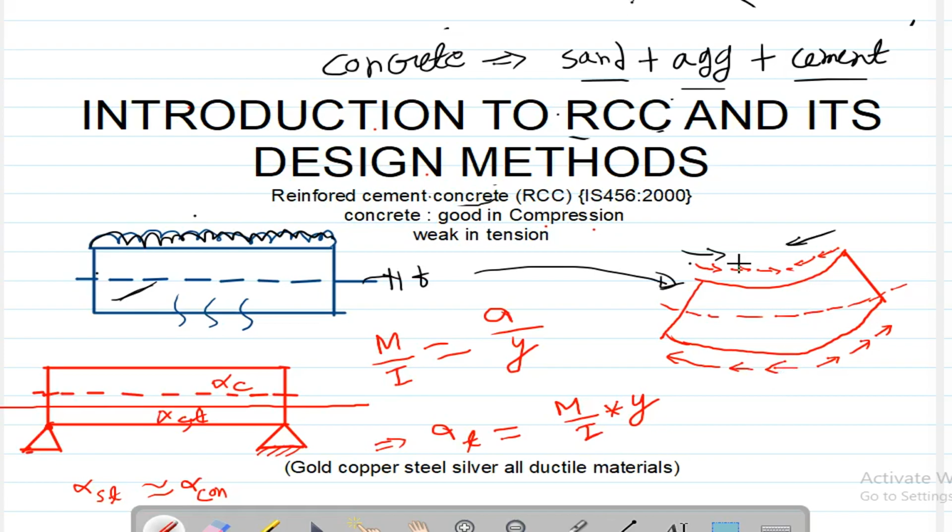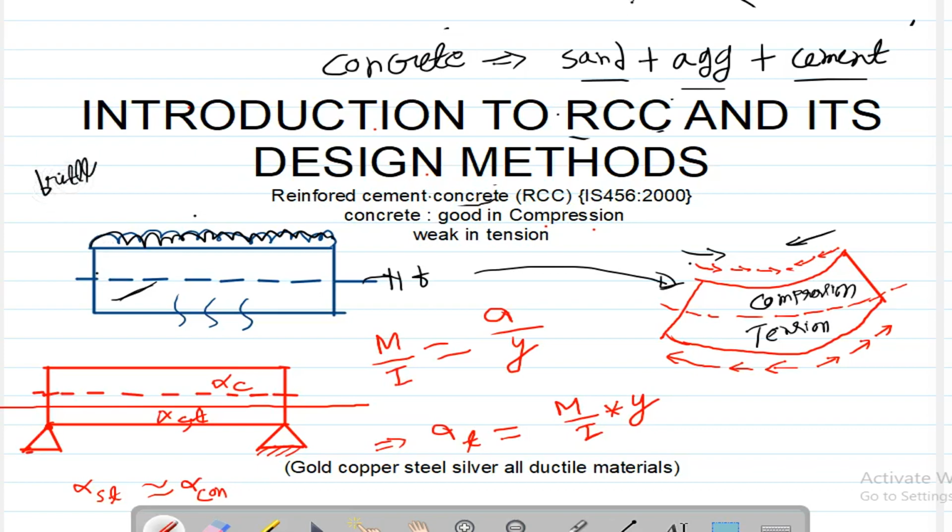That's why in the upper part of this beam the concrete suffers compression, and in the lower part the concrete suffers tension. We know that concrete is not a ductile material, it is a brittle material.